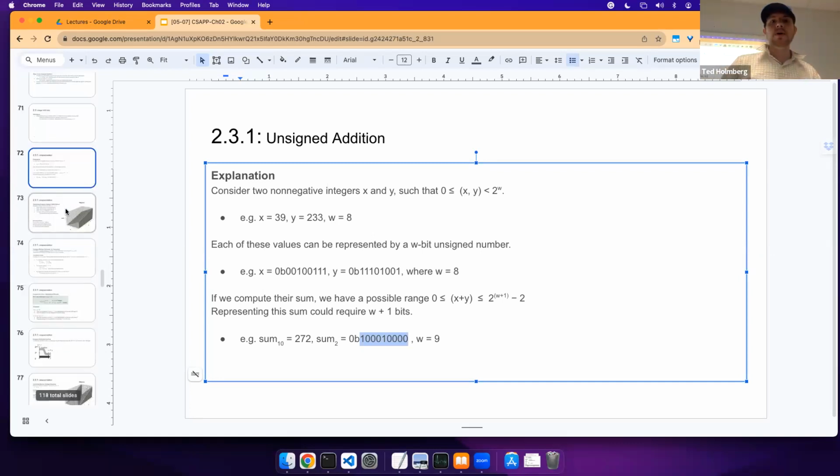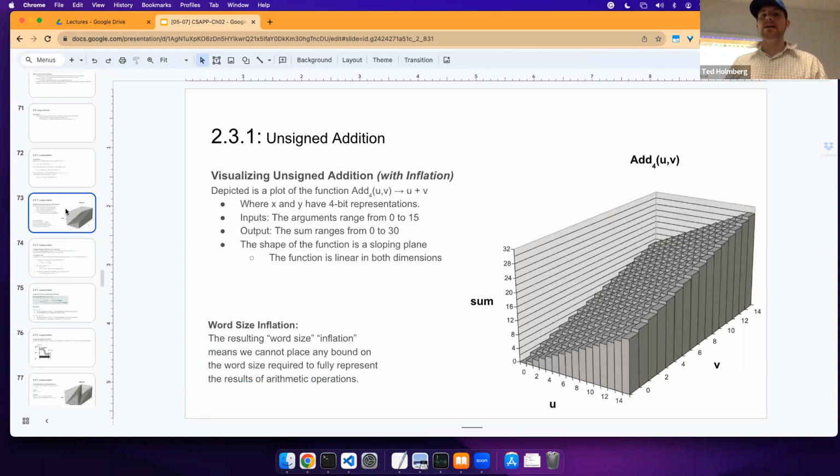Okay, so if I wanted to go ahead and visualize this unsigned addition, and so this concept that the result of a numerical addition with our unsigned values can lead to a concept in word size inflation. We'll formally define that in just a moment, but the idea of going from 8 bits to 9 bits, we've inflated the size of what we need to capture the resulting value.